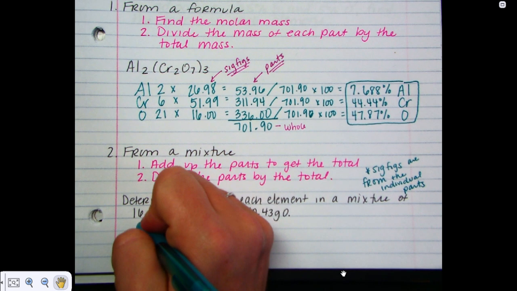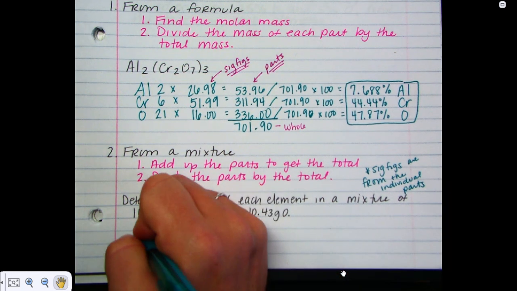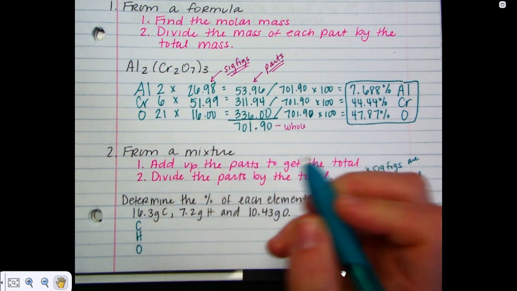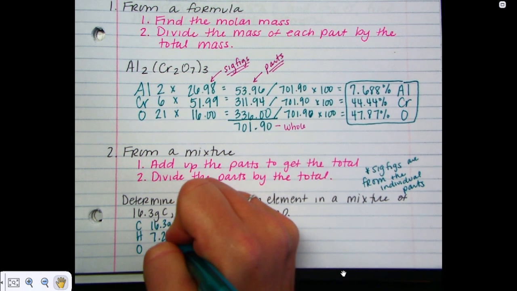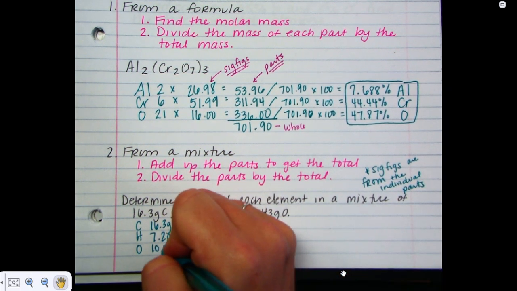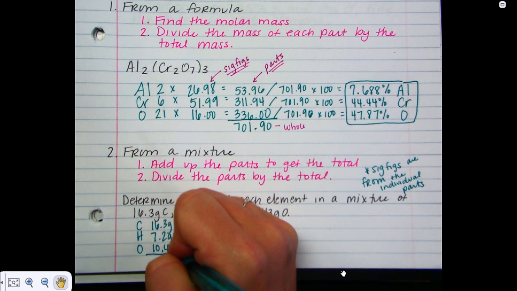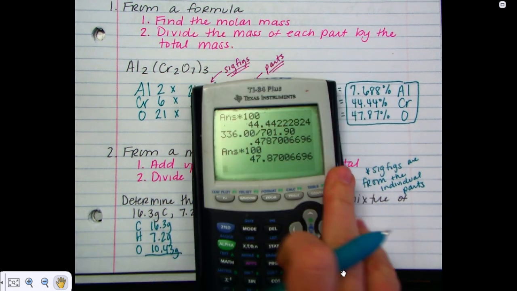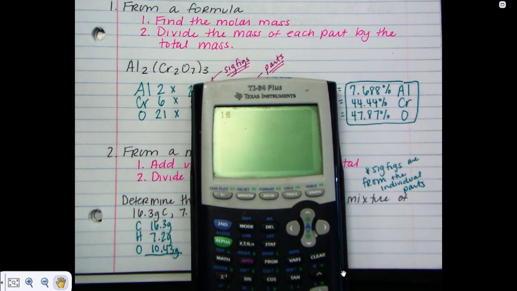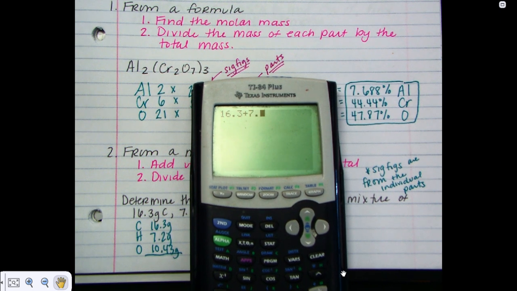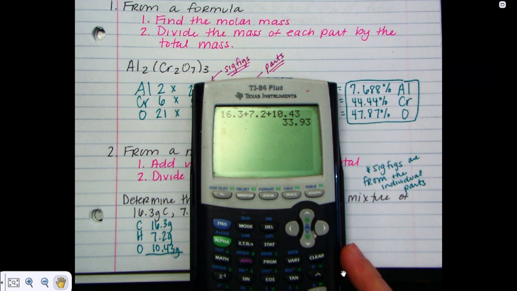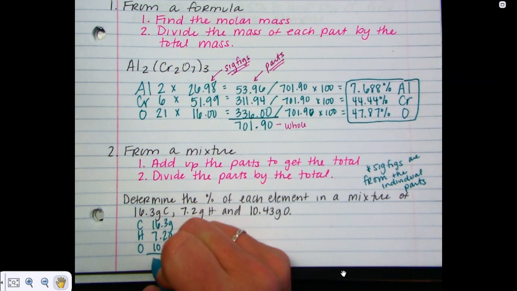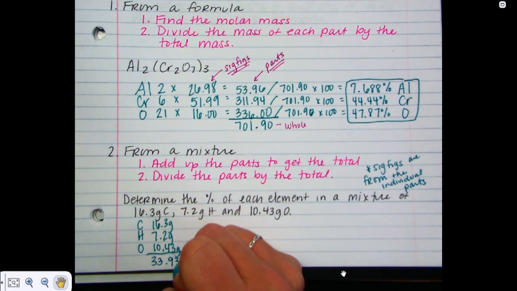All right, so carbon, hydrogen, oxygen, 16.3 grams, 7.2 grams, 10.43 grams. Add them all up. Let's get our total. So 16.3 plus 7.2 plus 10.43, 33.93. All right, there's my total.